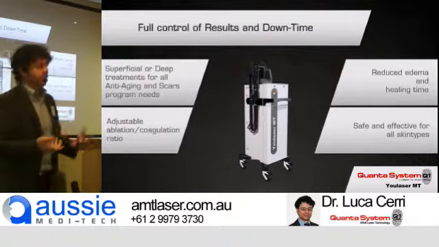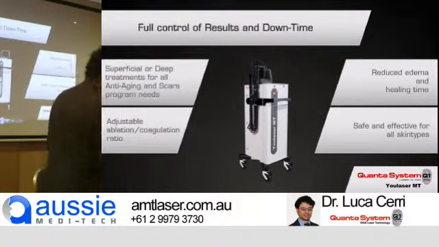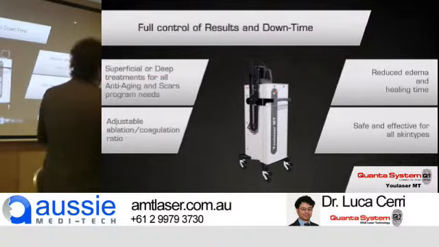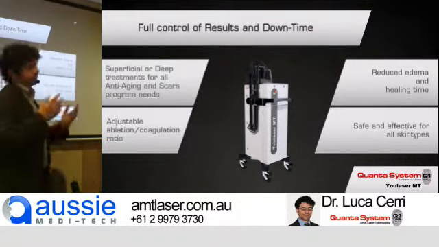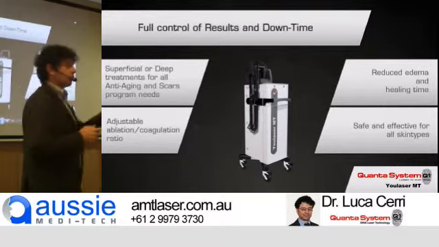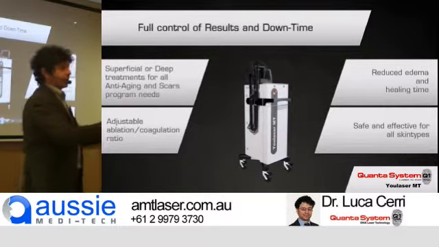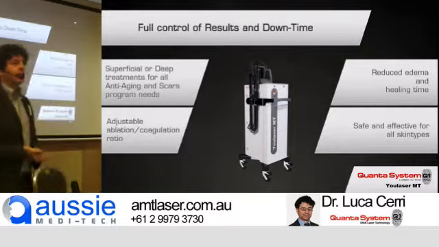Or I want something that has absolutely no downtime, but I know that I need repeated treatments, a lot of sessions, and anyway, on some kinds of problems the results are minimal, like for example, wrinkles, deep wrinkles.